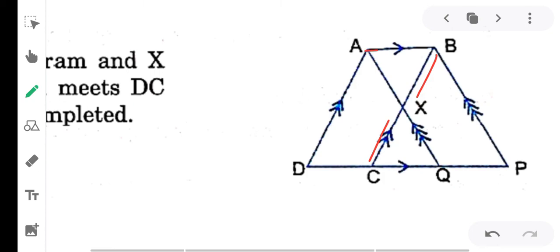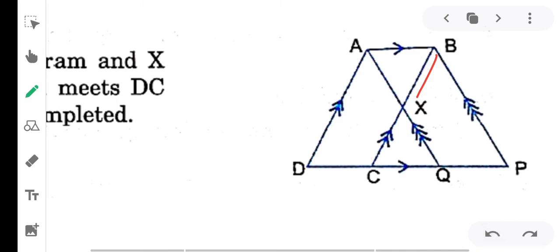Now AB parallel to CQ and BC is a transversal, so angle ABX will be equal to angle QCX. Now angle AXB equal to angle CXQ, vertically opposite angles. So triangle ABX is congruent to triangle CXQ.